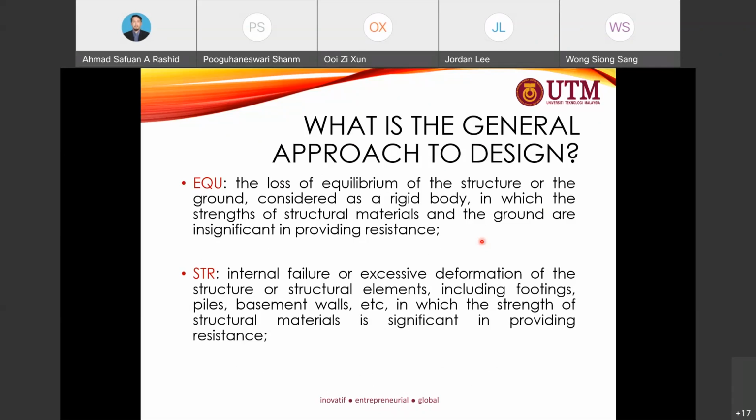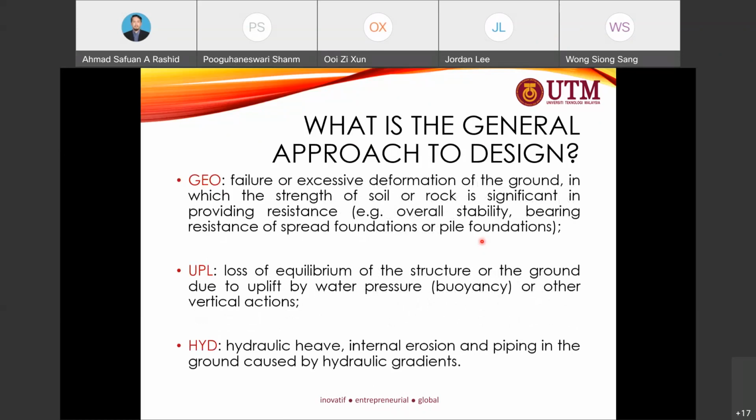GEO is failure or excessive deformation of the ground in which the strength of the soil or rock is significant in providing resistance, for example overall stability, bearing resistance of spread foundation or pile foundation.